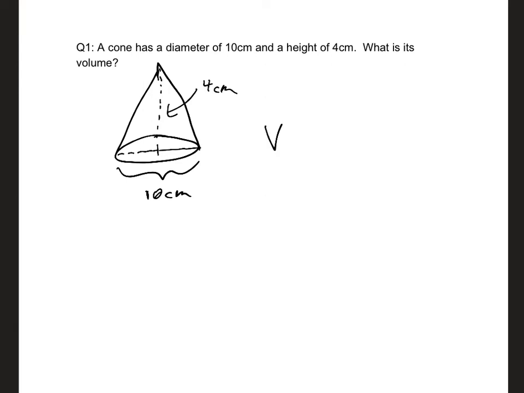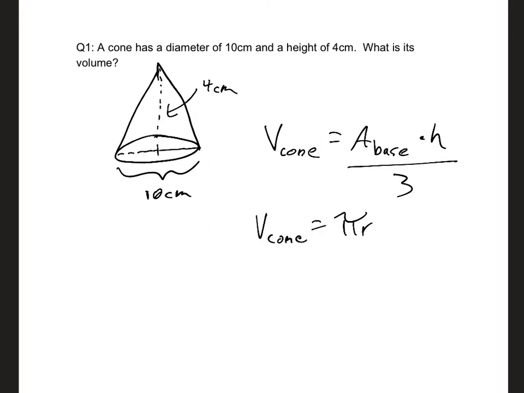We are dealing with a cone. So it's going to be area of the base times the height of the cone divided by 3. So for the volume of this cone, the area of the base is pi r squared.